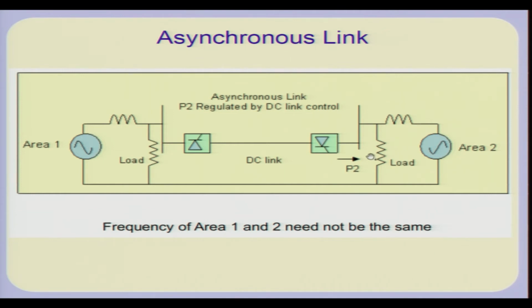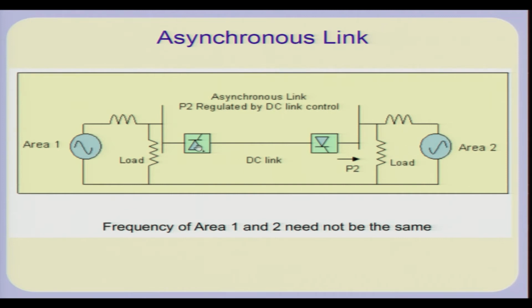The flow through this can be regulated, it could be modulated, it could be changed, but if you keep it constant, then you can keep it constant. So, this system in some sense is shielded from changes which are occurring in this system. So, that is one of the advantages which you have.